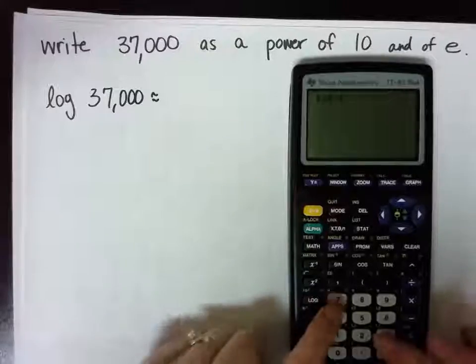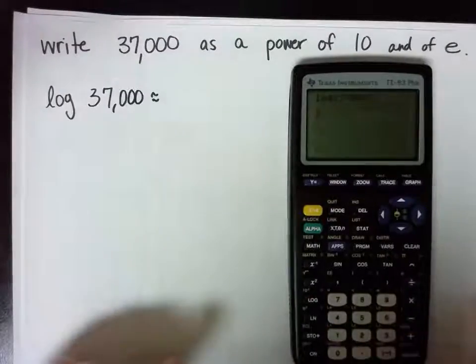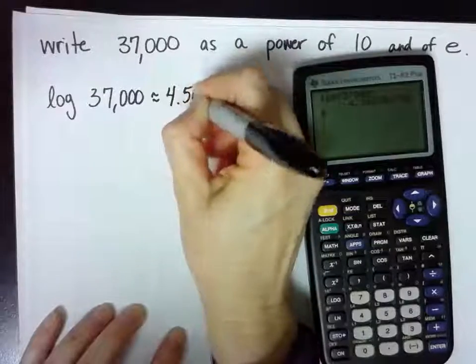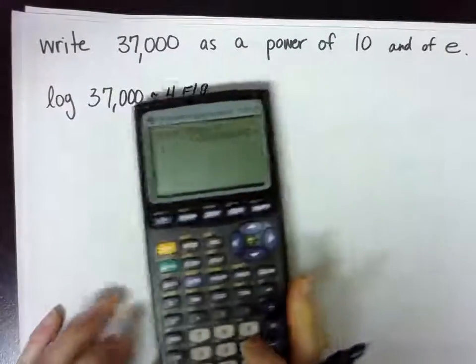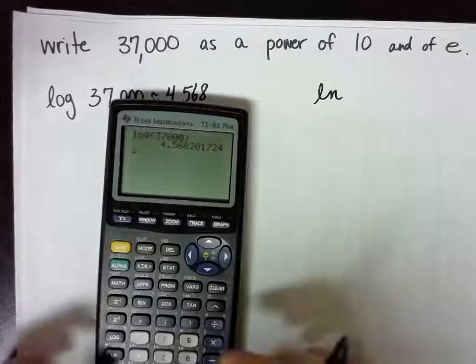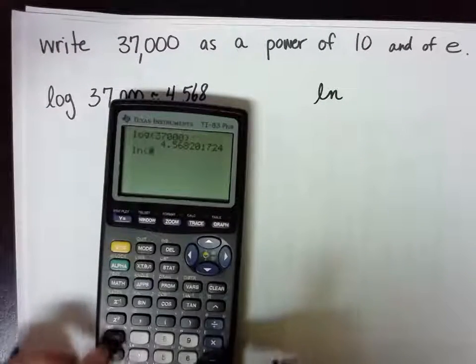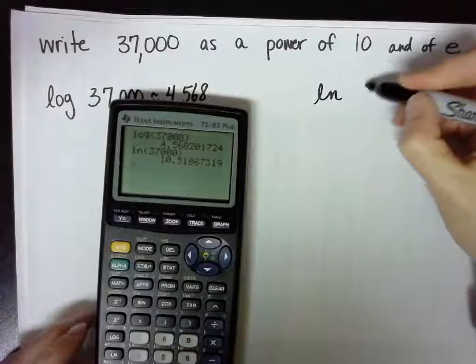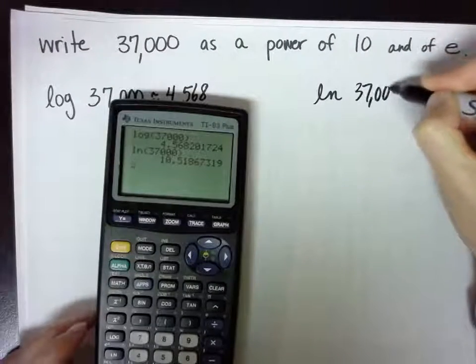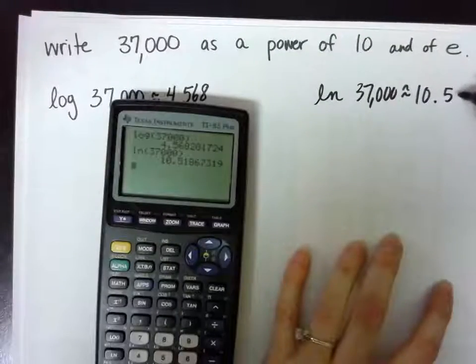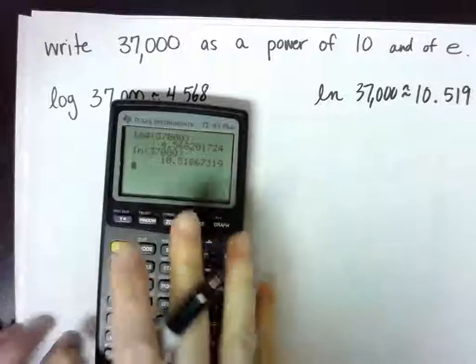So log of 37,000 is 4.568 approximately, and the natural log of 37,000 would be 10.519.